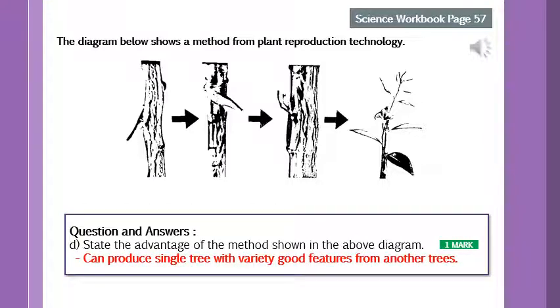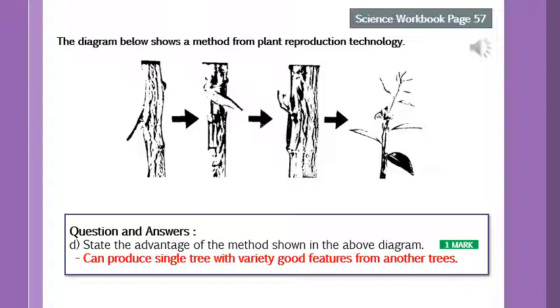So now let's proceed to question D. State the advantage of the method shown in the above diagram. So what is the advantage? I also mentioned this earlier. Bud grafting method can produce a single tree with good features from another tree.